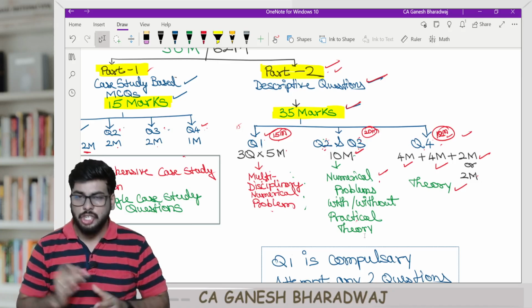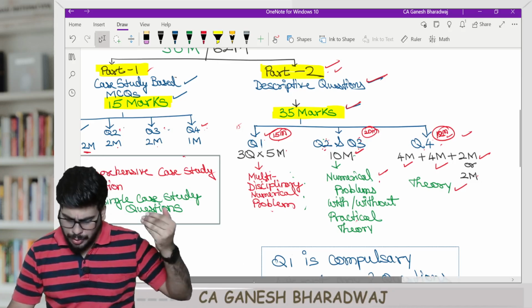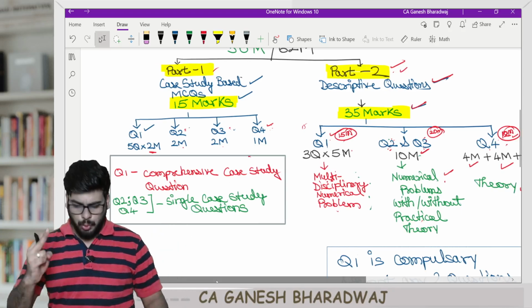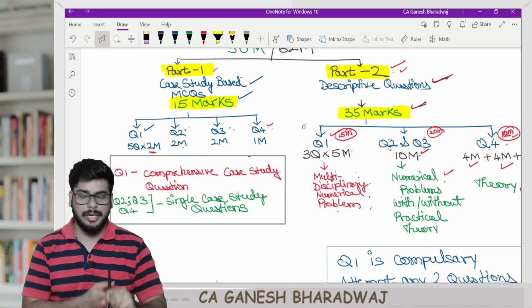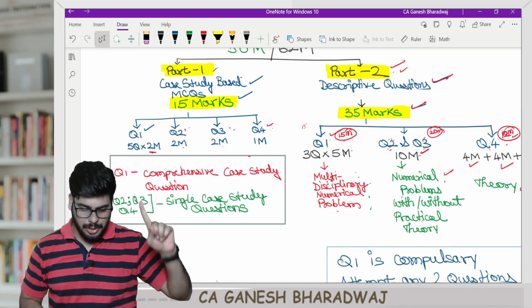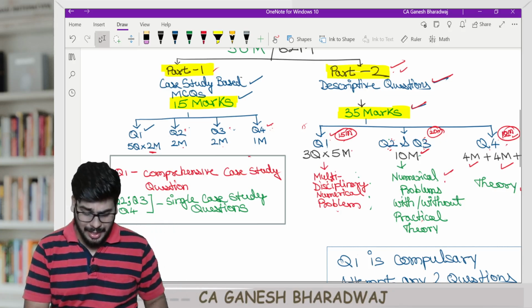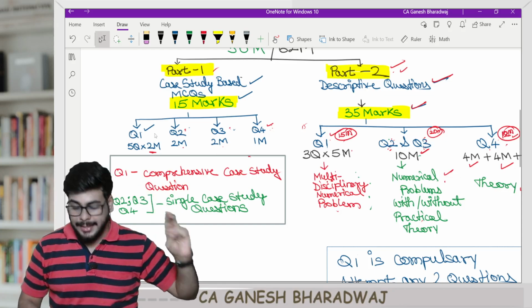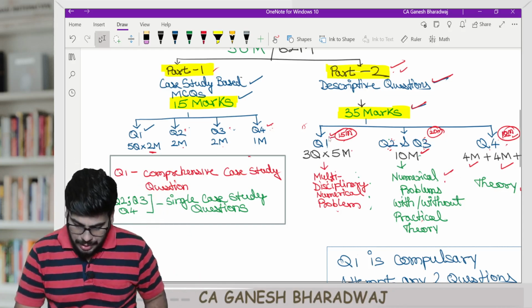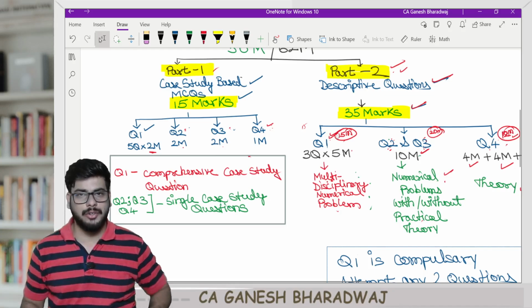Clear with this, guys? So now again, as I told you in costing, there were 2 things that I noticed which absolutely blew away my mind. The first thing is regarding testing each and every MCQ for 2 marks. And the second thing is about question number 1 having a multidisciplinary numerical problem.